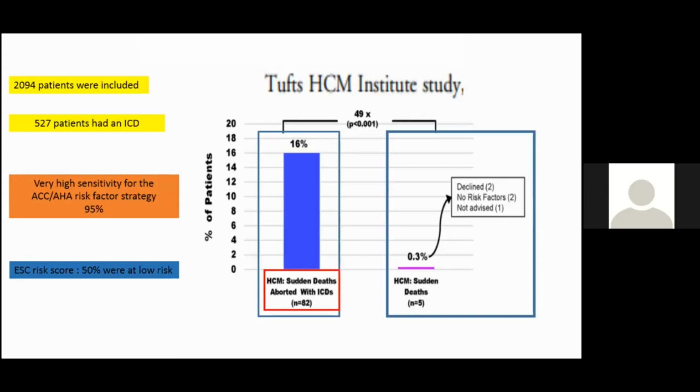Sure. But I don't know if this study was prospective or retrospective, because the USC risk score, they did it retrospectively after the patients were under the ICD and after the follow-up.